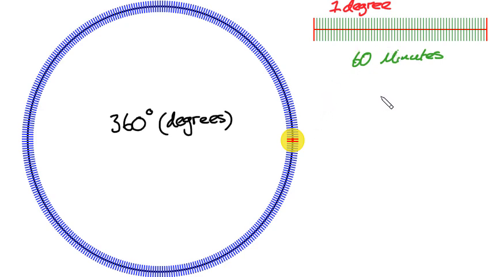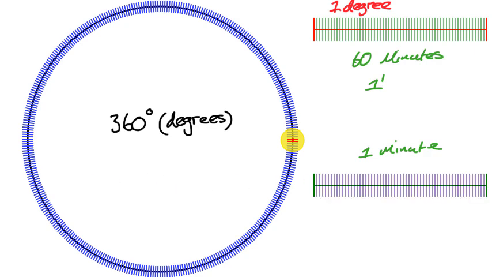And to denote a minute, we normally write the number 1 with an apostrophe. Okay, so a little mark on the top right shoulder. Now if we were to take one of these minutes and zoom in on it, so if we imagine this line down here represents 1 minute, then if we were to divide this line up into 60 further equal pieces, like so, the distance between each two consecutive lines here represent what are called second minutes.